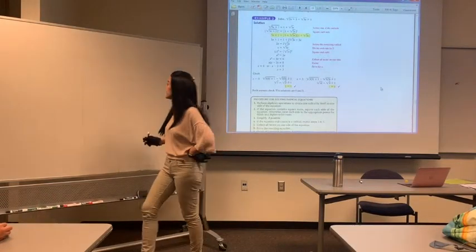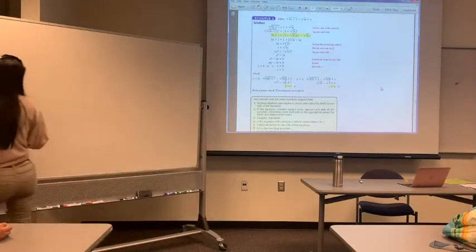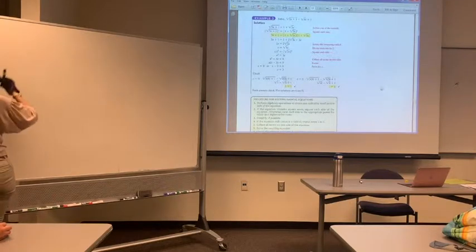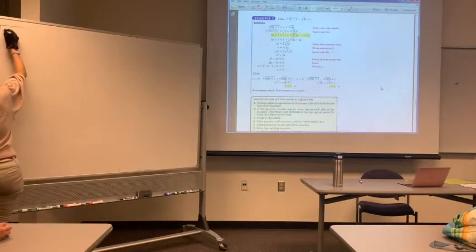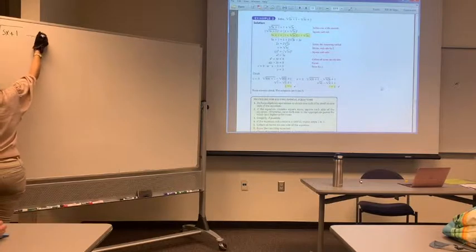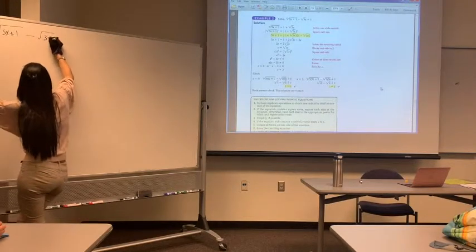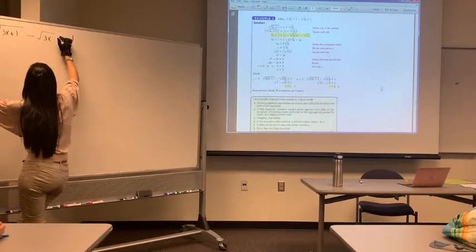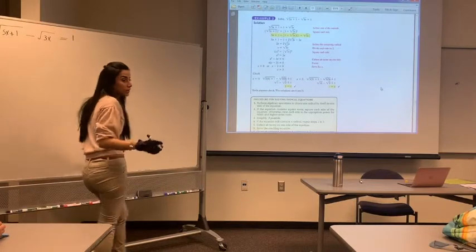All those formulas we used, you have to remember them again. Okay, so we have radical 5x plus 1 minus radical 3x equal to 1. Now we have 2 radicals.